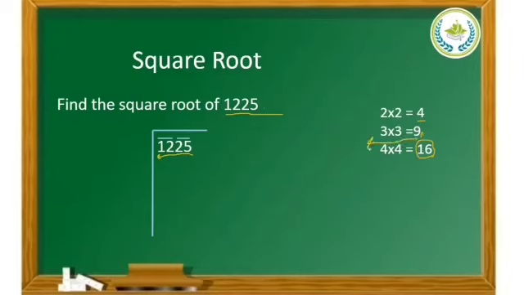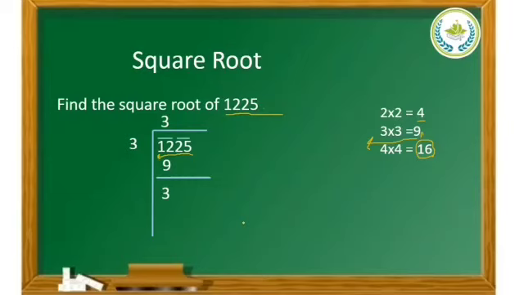I will write 3 here and the other 3 on the upside of the symbol, and I will write 9 under the 12. Now, subtracting 9 from 12, I will get 3.